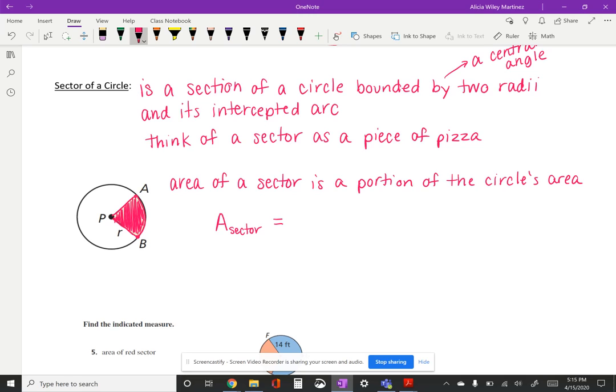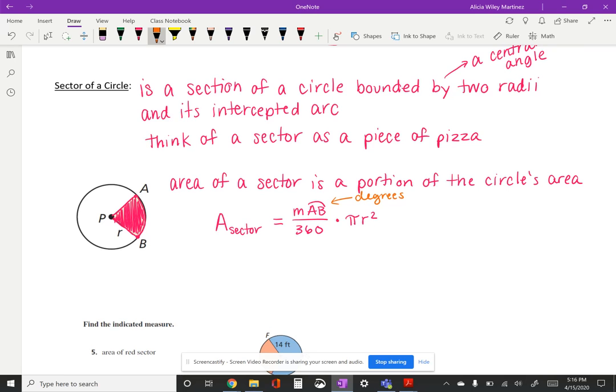The area of a sector is the measure of the arc divided by 360 times pi r squared. Now, if the letters here were R and S, obviously this would be the measure of RS, right? And what we need to remember is that the measure of an arc will be in degrees.